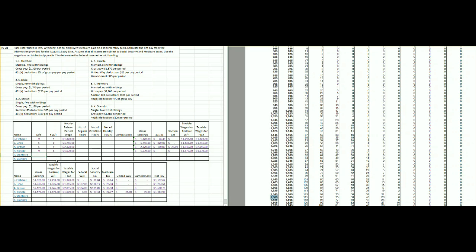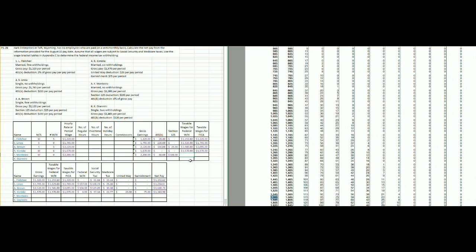Moving on to our fifth employee, F. Montero, who is married with no withholding allowances and earned $2,200 this pay period. There are no commissions earned, so his gross earnings will be $2,200. Montero contributes 4% of gross pay to 401k, so you'll take gross pay and multiply it by 0.04, and has Section 125 deductions of $100 per pay period.